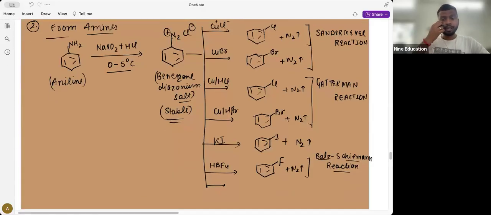So if you want to make aryl halides, you have to go from aniline to benzene diazonium to make chloro, bromo, iodo, and fluoro on benzene.